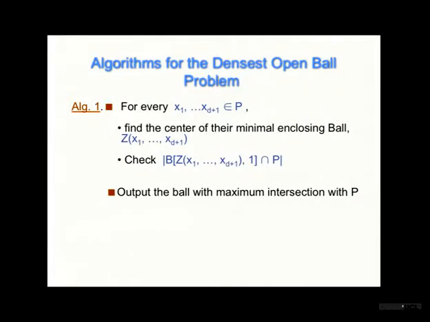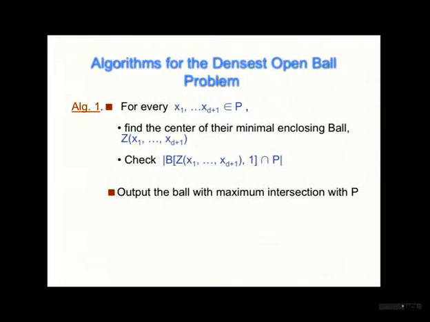Here is a very simple algorithm. What is a simple algorithm for this problem? You get your input x1 to xm. Look at all d plus 1 tuples from your input. For every such d plus 1 tuple, find the minimal ball that captures those points, and then count how many points are inside this ball.